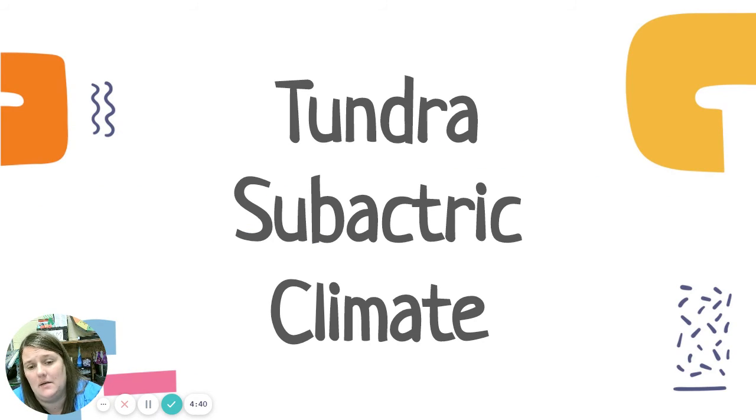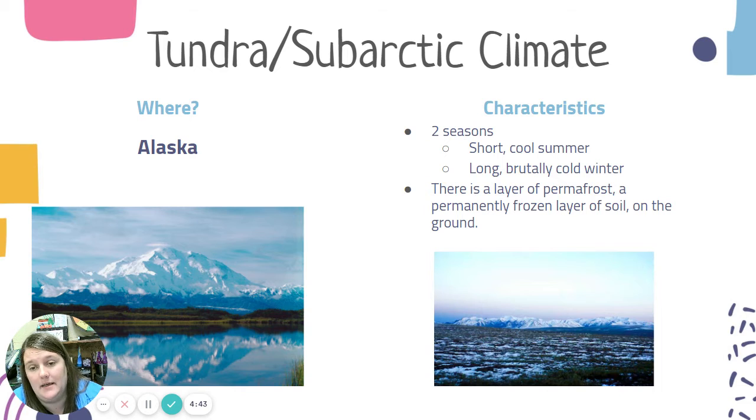We also will see some tundra or subarctic climate, where Alaska, that's it. We're going to see 2 seasons there: a short, cool summer and a long, brutally cold winter. There's always going to be a layer of something called permafrost, which is a permanently frozen layer of soil on the ground, even in the summer, that never thaws.